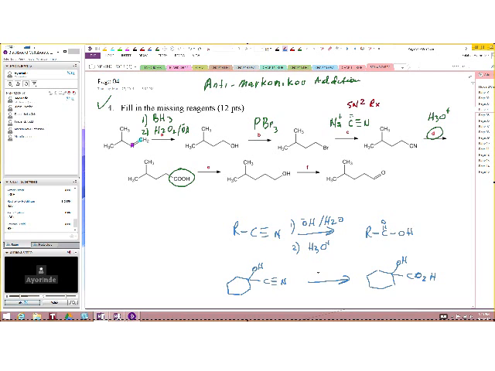You don't want to do that. So under this condition, this will be the best reagent. Step 1 and then step 2.